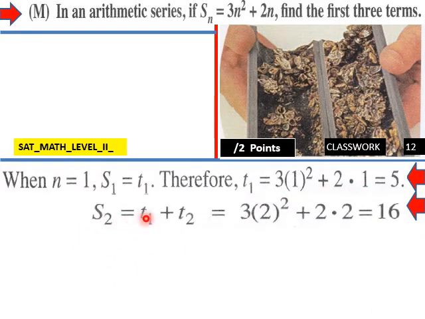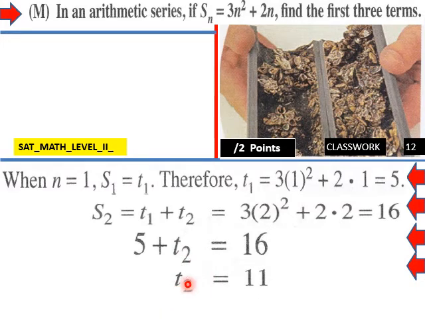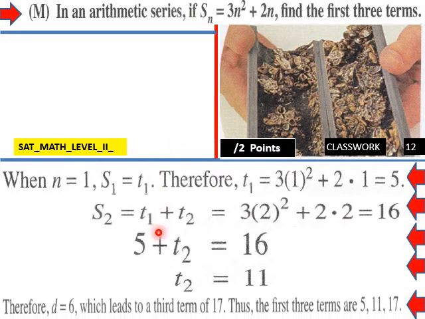Our second term: term 1 plus term 2 equals 3 times 2 squared plus 2 times 2, which equals 16. And then 5 plus term 2 would equal 16. So our second term would equal 11. Therefore, d would equal 6, which leads to a third term of 17. Thus, the first 3 terms are 5, 11, and 17.